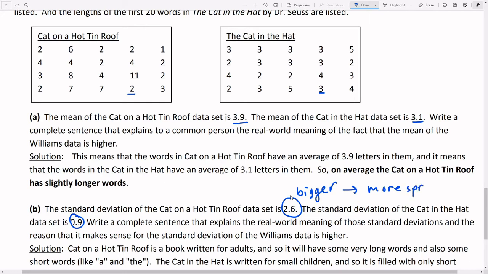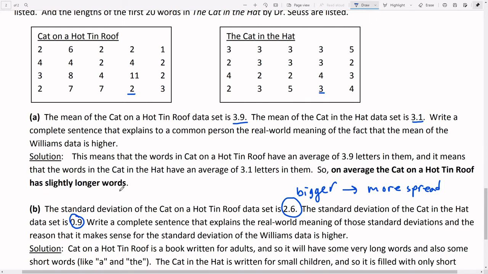That's it. So when you tell this person these two numbers, or they look at these two numbers, and you could think they're asking you, like, what does this mean? A bigger standard deviation means more spread. The lengths of the words are more spread out in this first book. So then you can tell them, okay, the 2.6 means compared to the 0.9.